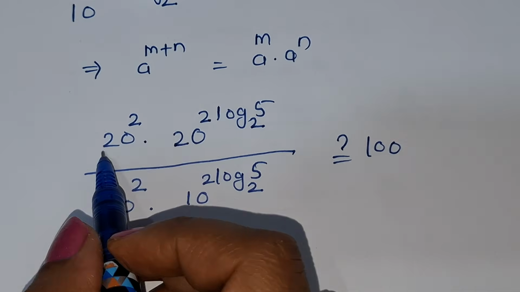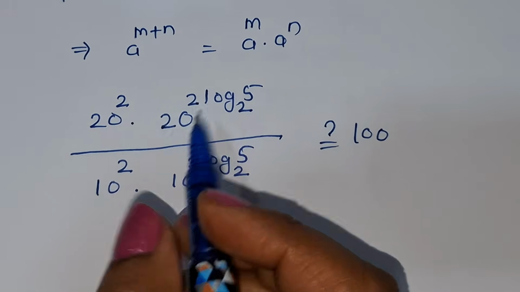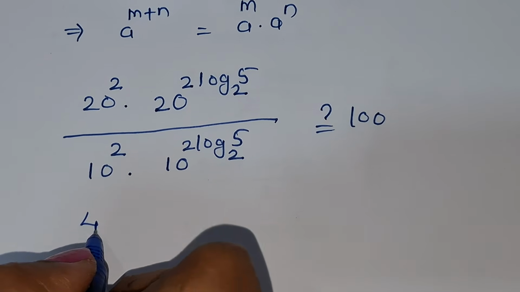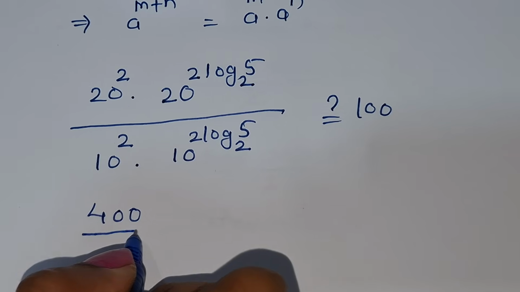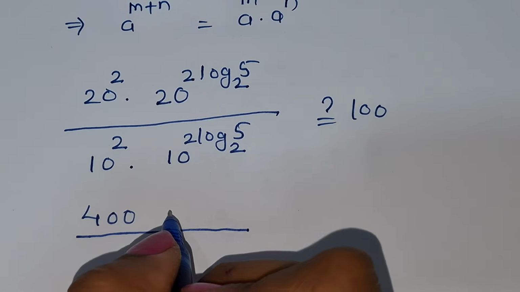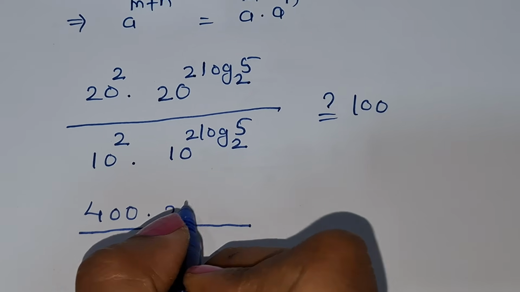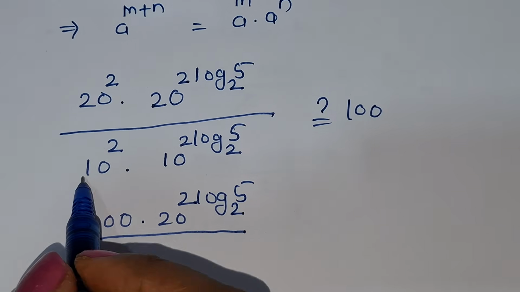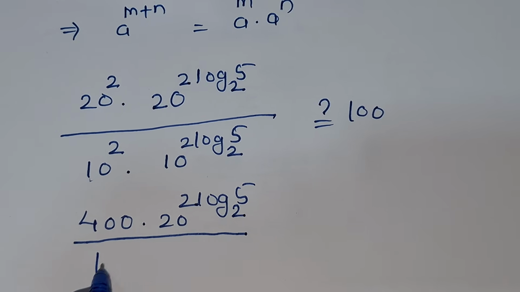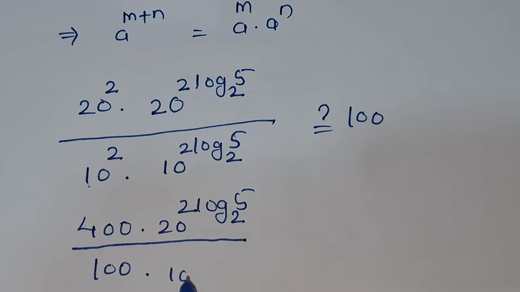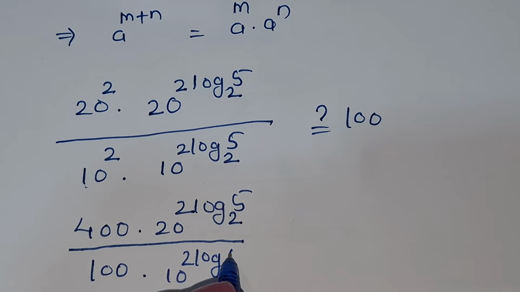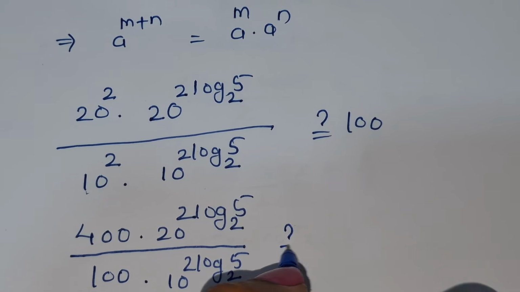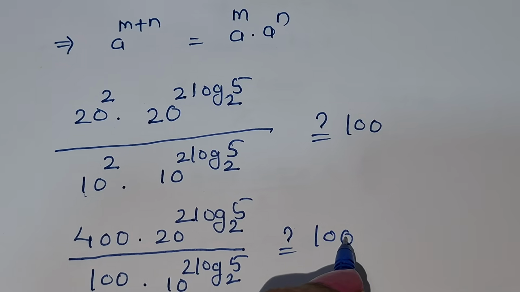Now here 20 power 2, it will become 2 2s are 4 and 0 0, 400, and here 400 times 20 power 2 log of 5 to the base 2, and here 10 power 2, that is 100, times 10 power 2 log of 5 to the base 2, question mark 100.